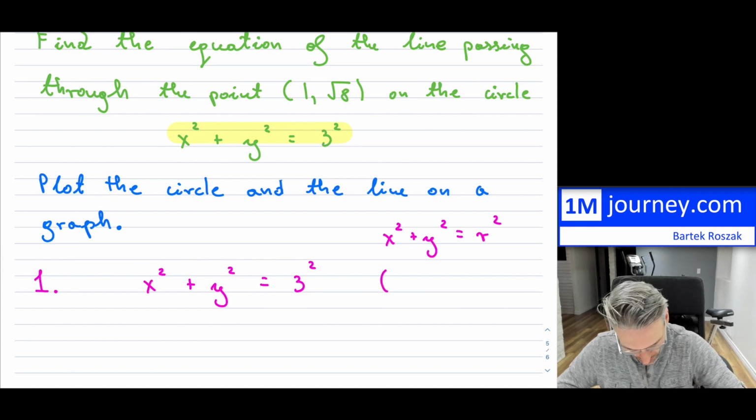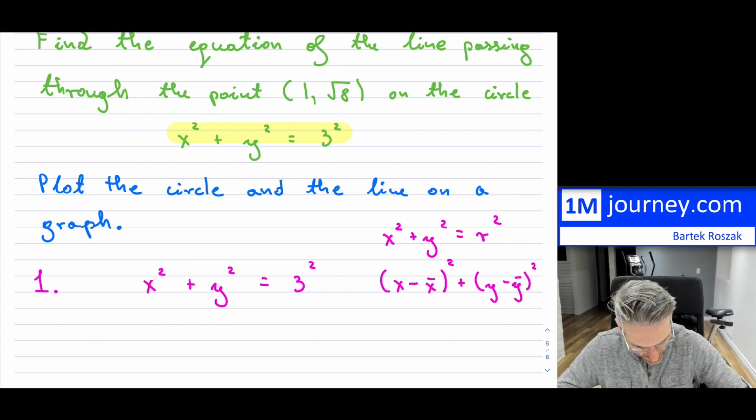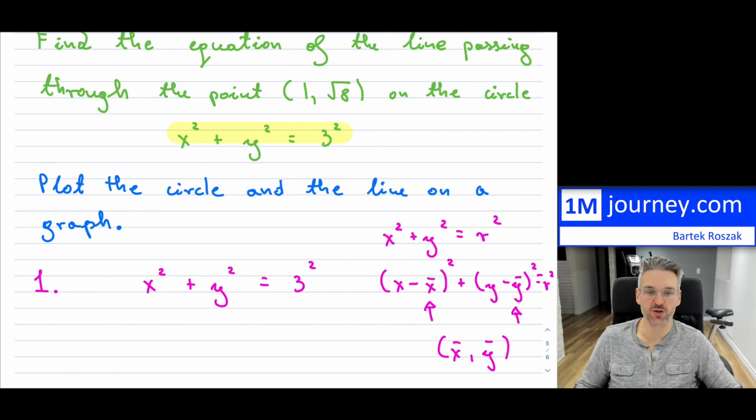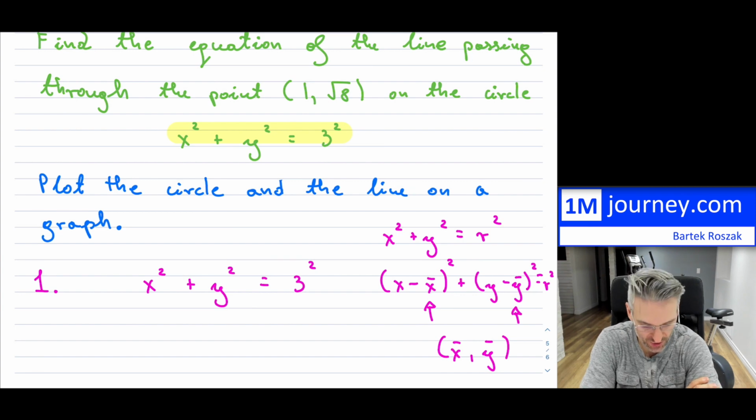And for those who want to know, if you want to center your circle not necessarily at 0, so it starts to shift around, you're going to run into this particular equation, with the squared terms and R squared right there, where your circle is centered at this particular point, x bar, y bar, the way that I put it. And of course, you can also find derivatives of that if you wanted to.